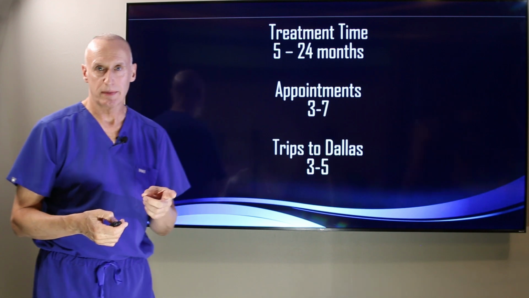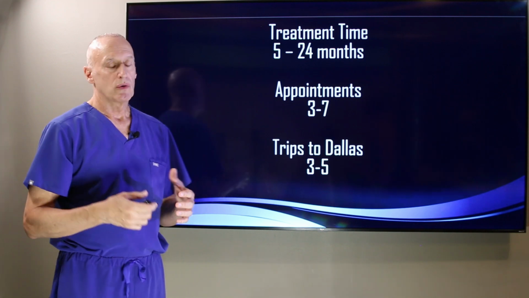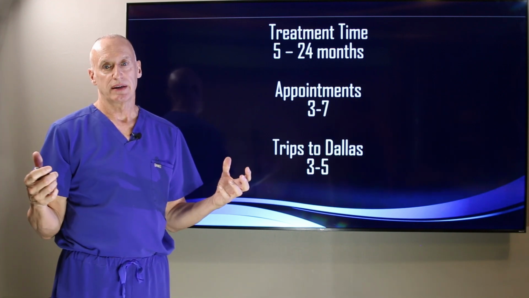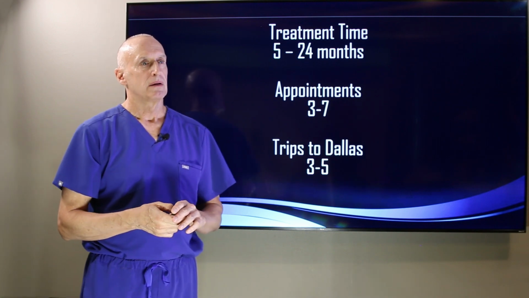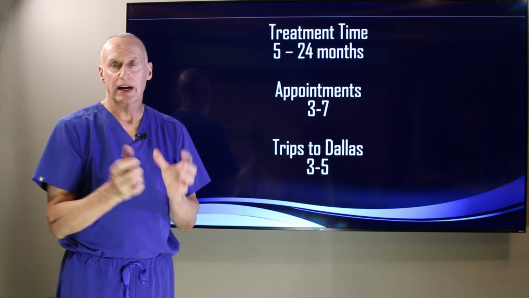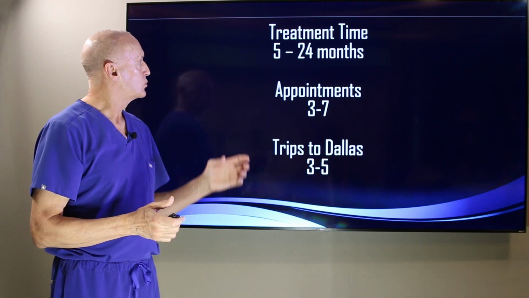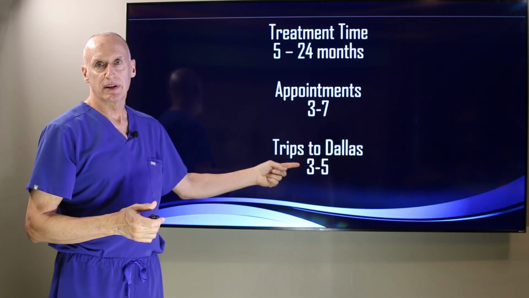I mentioned treatment time also. So this is a very broad explanation of what I mean by treatment time. More than half our patients come from outside of Dallas-Fort Worth. So we talk about trips to Dallas.